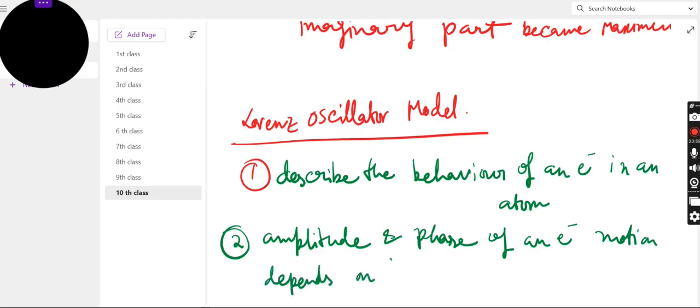It depends on the relative phase and on the frequencies.